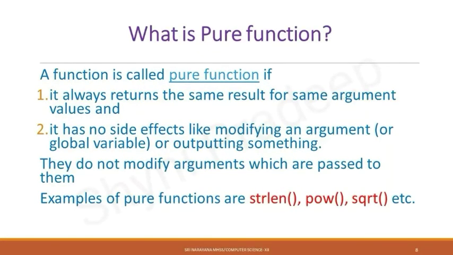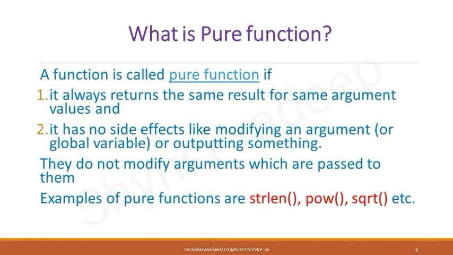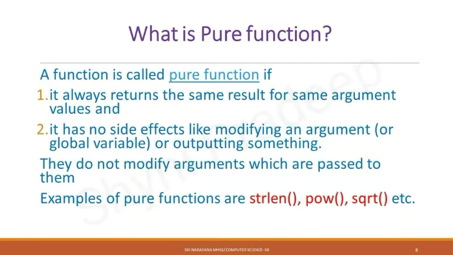Okay. So now let us see about pure and impure functions. What are pure functions? Pure functions are functions which will give the exact result when the same arguments are passed, which means the pure function always returns the same result for the same arguments. And it does not have any side effects, which means it should not have any external variable, and it cannot depend on any outside variable.